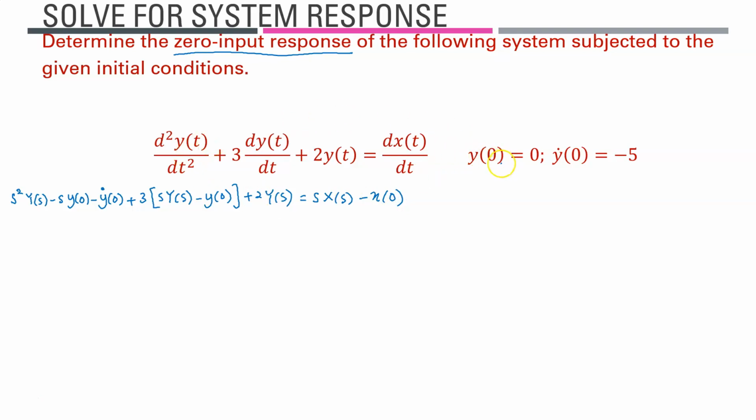You are given y(0) equals 0, the initial condition, so this part you will have 0, and this part you will have 0. So you are left with s squared Y(s) plus 5, plus 3s Y(s), plus 2Y(s).